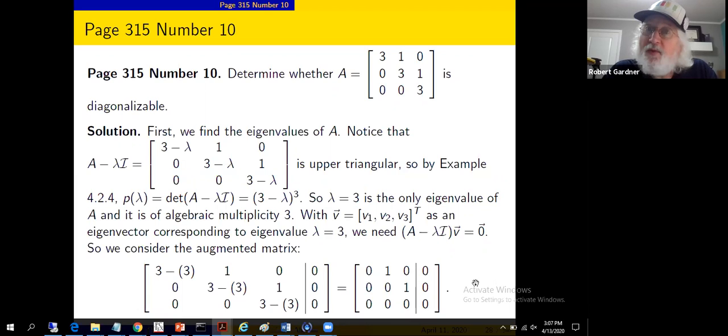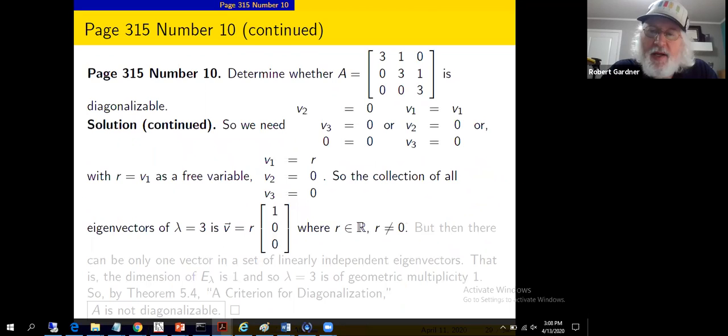That's going to mean one free variable. That's going to mean geometric multiplicity of 1, and that's not enough. And we mentioned that in the notes. Okay, so we'll take what we had previously, write it back in terms of a system of equations. We get v2 equals 0, v3 equals 0, and 0 equals 0.